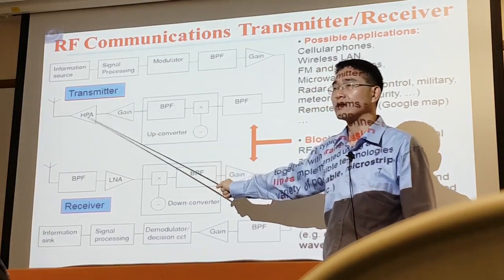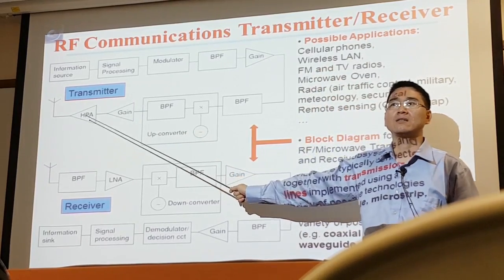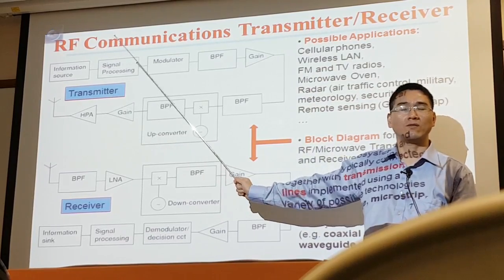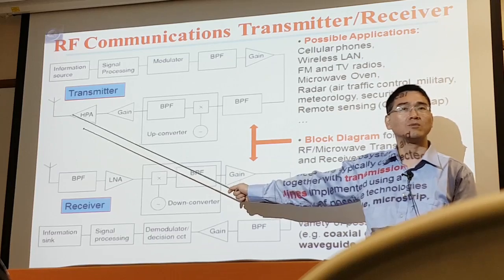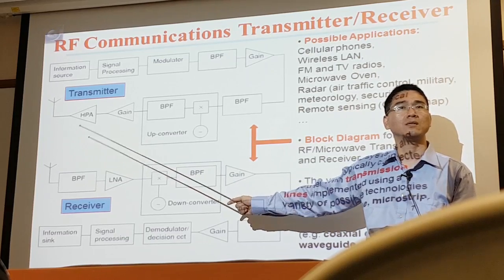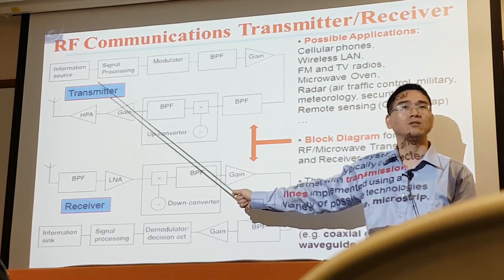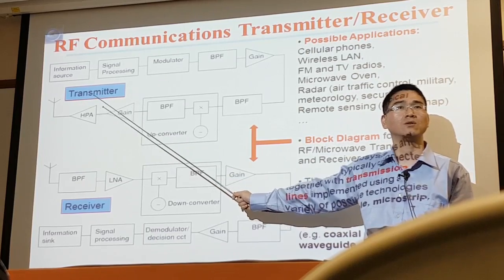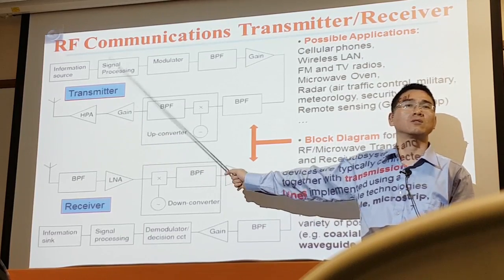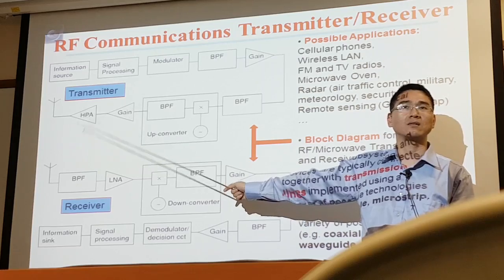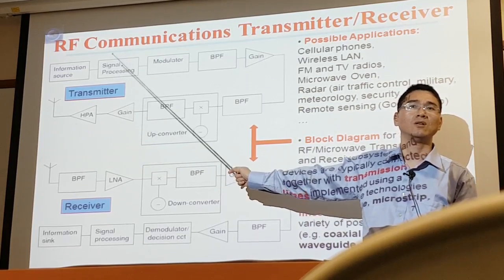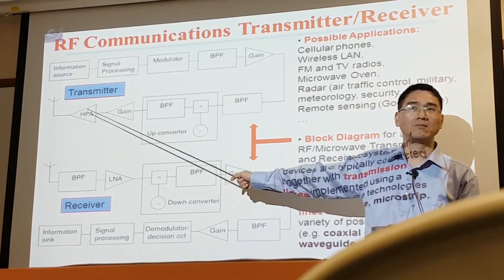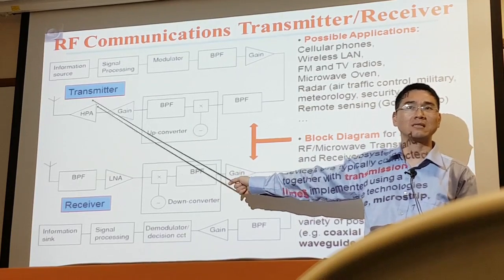Also in the previous module, a very small reflection will cause a huge peak. So impedance matching is very important.